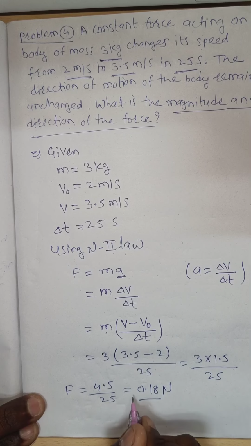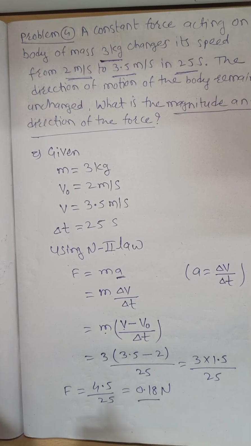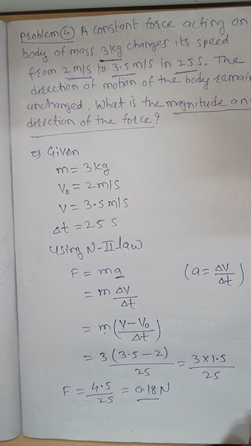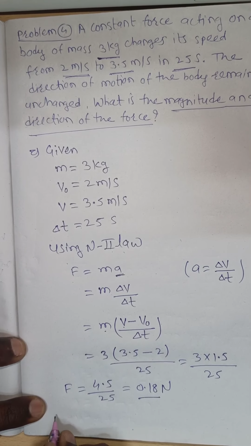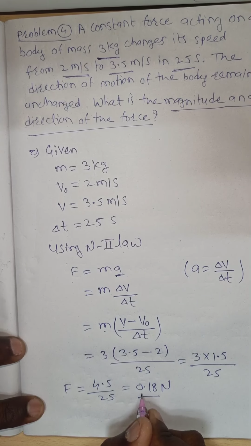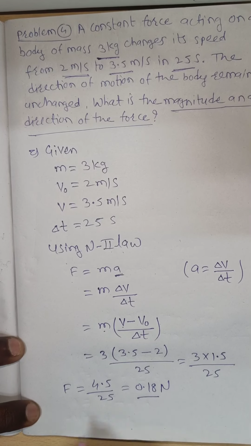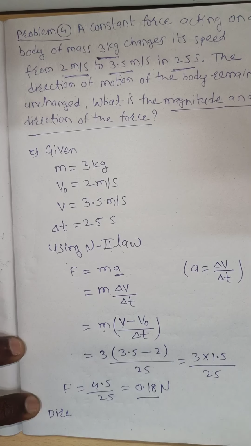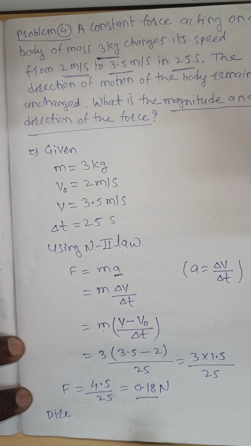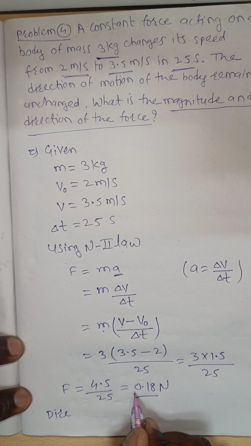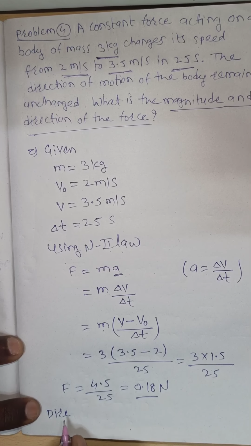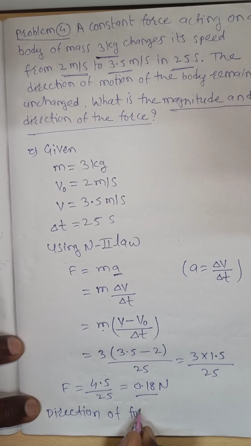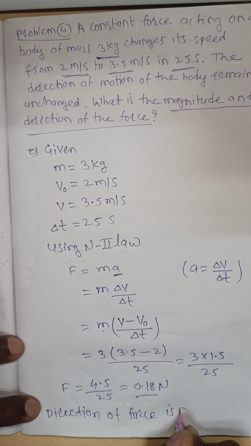But here the force value is positive, therefore the direction of force is the same as the direction of motion. Therefore its magnitude of force is 0.18 newtons, and the direction of force is the same as that of the direction of motion because the value of force is positive.